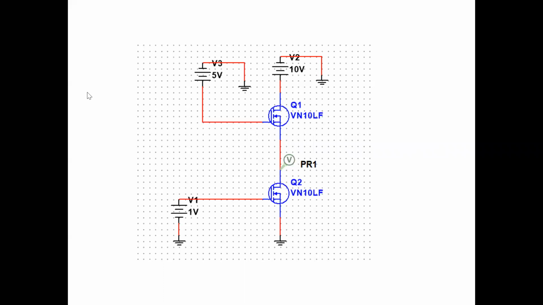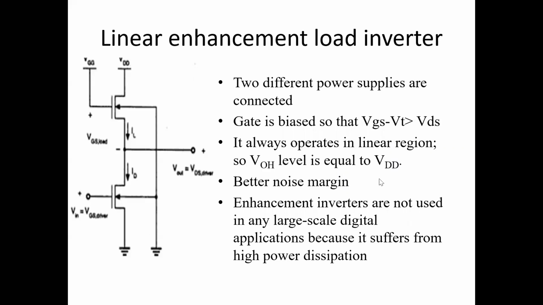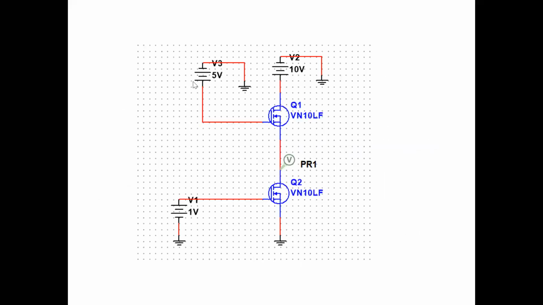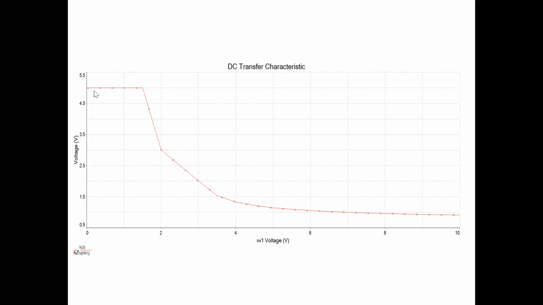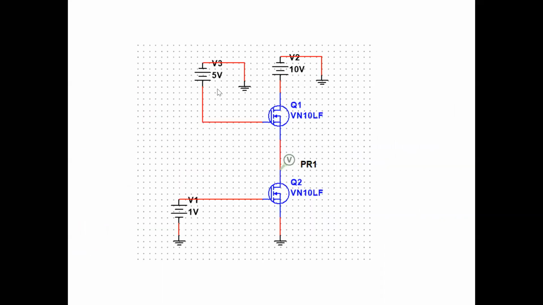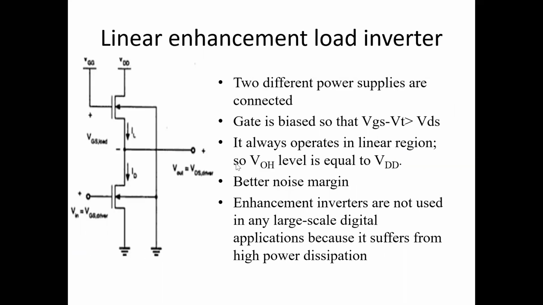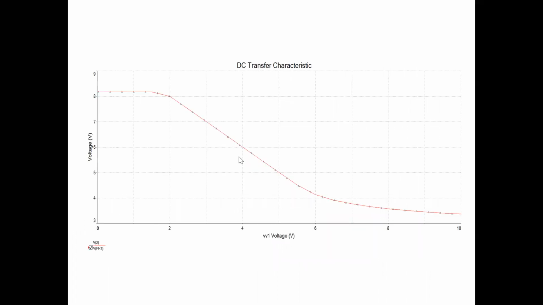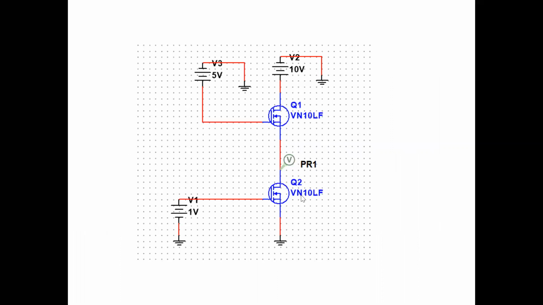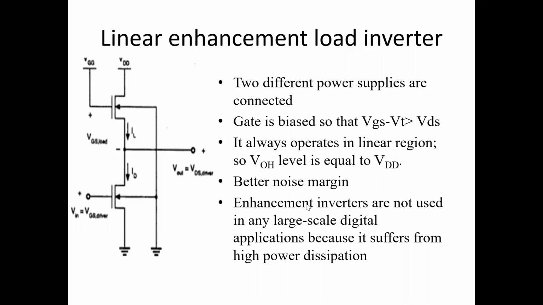It operates in the linear region, and here it reaches the VGS voltage, 5 volts. VOH is equal to VDD. Compared to this, it has a better noise margin.